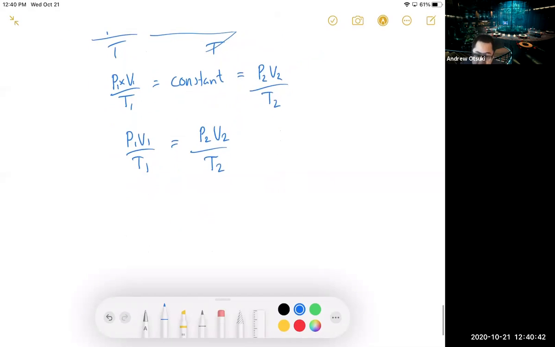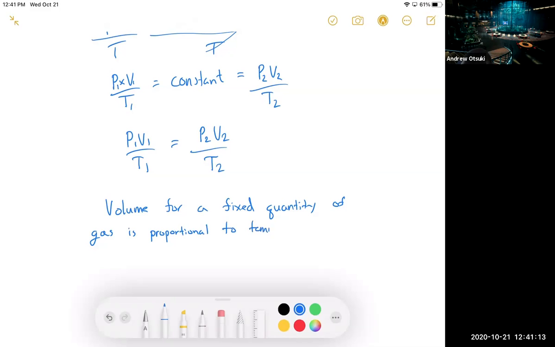So what this states is that volume for a fixed quantity of gas is proportional to temperature and inversely proportional to pressure.